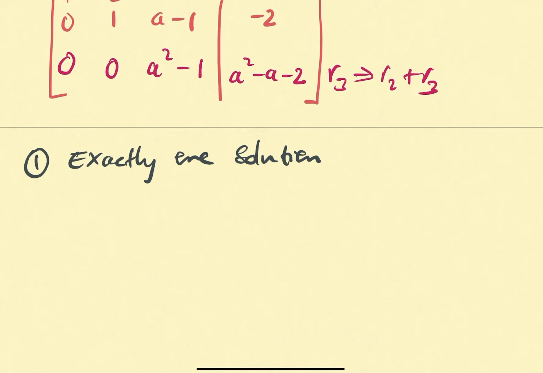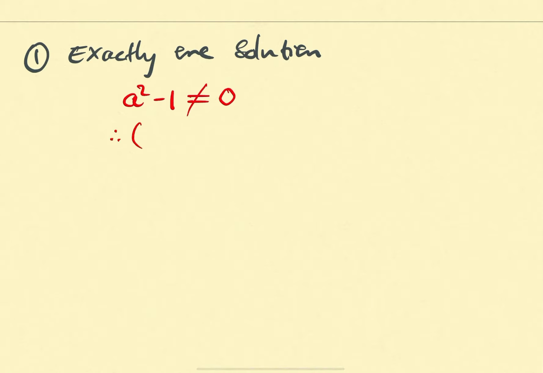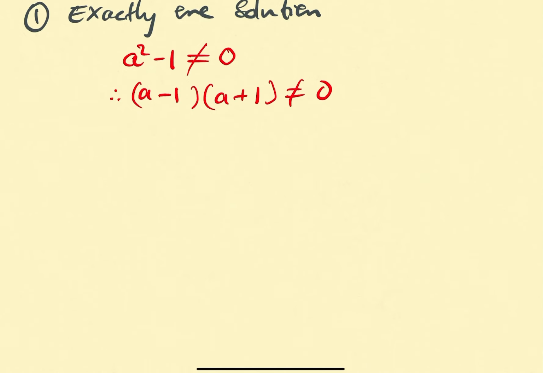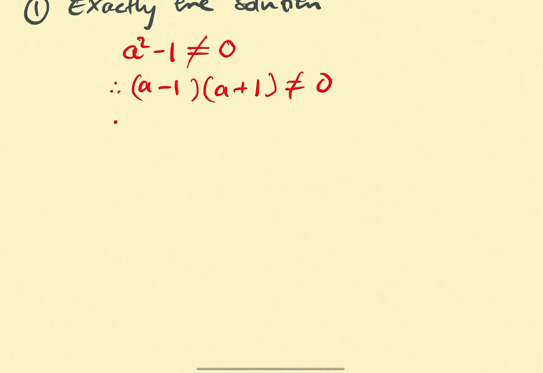So a squared minus 1, this entry here, cannot be equal to 0. You just need to factorize it: that is a minus 1 and a plus 1, called a difference of two squares in high school. Therefore, a cannot be equal to positive 1 and a cannot be equal to negative 1.